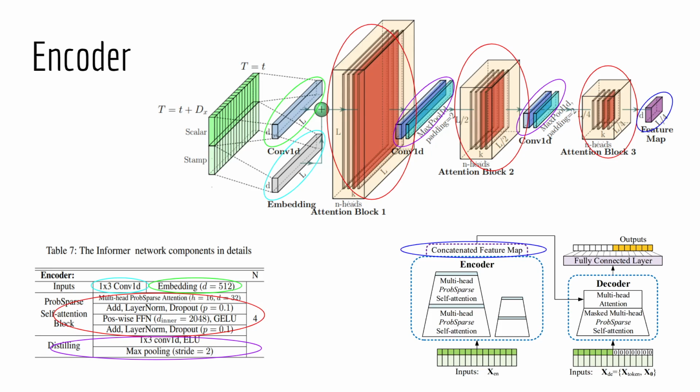This is the input to the ProbSparse self-attention block. The output of the self-attention block then goes into the distilling, which is the 1D convolution, and then the max pool, which halves the length. Then this is done again to reduce the length for a result of 1/4 of the original.